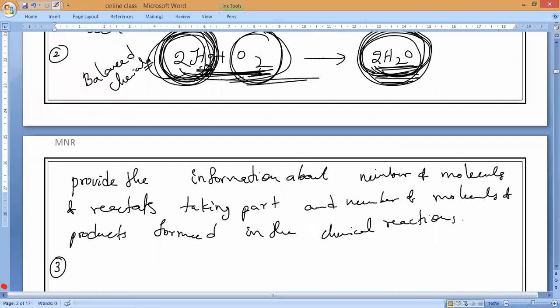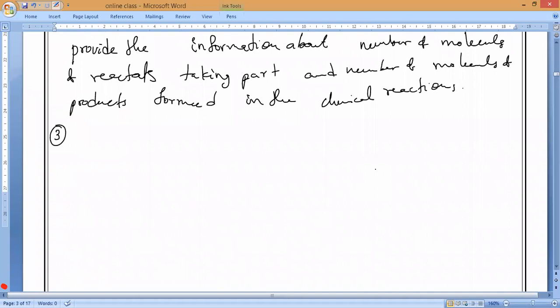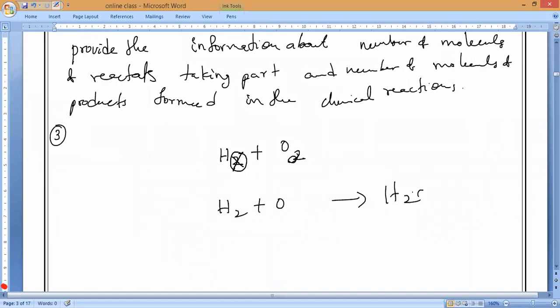Understand? Now, as I told you, for a balanced chemical equation, only we can change the coefficient, we cannot change the subscript numbers. For example, is it possible to change here? No. So we cannot write, suppose, H2 plus O will give you H2O.